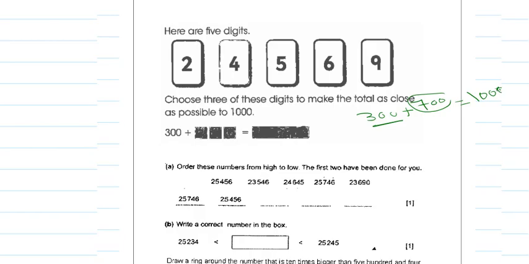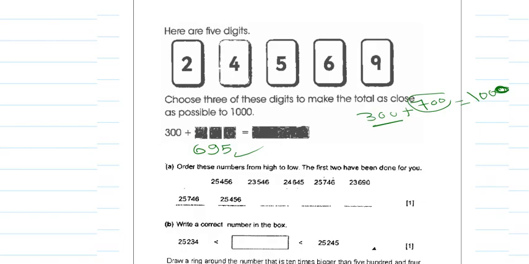So I need the number closest to 700 here. Let's check. You can make 695. The closest number to 700 is 695. So here is the answer.